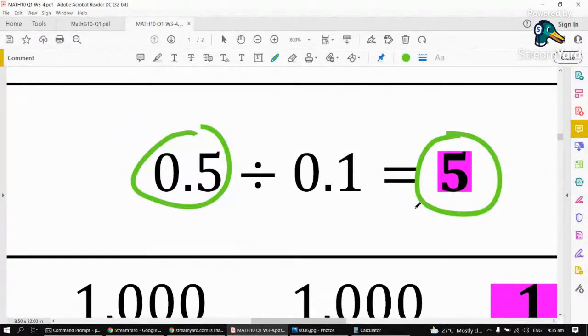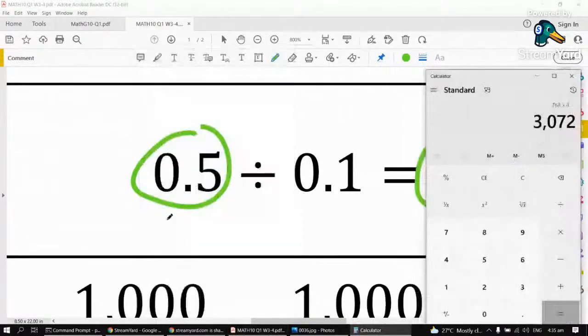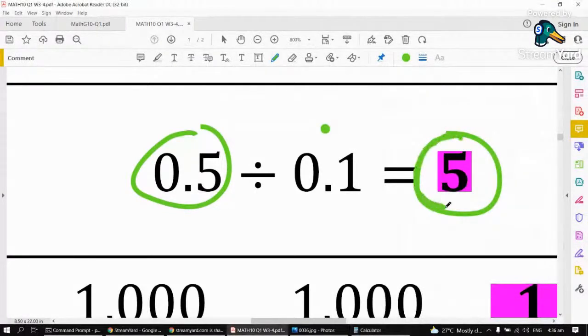Okay? Check natin yan sa ating calculator. 0.5 divided by 0.1. So that's 5. Yan ang ating common ratio.